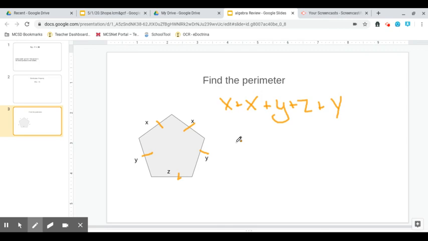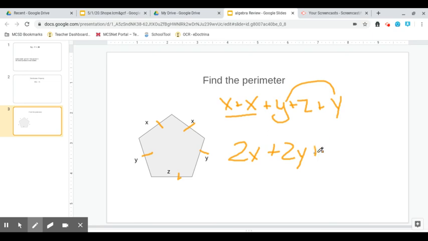Now, we're going to combine what we can combine. Miss Lib reviewed this with you yesterday. Anything with the same letter, you can add. Okay, so we have x and x. So if I have an x plus an x, I know there are two x's, so it's 2x. Plus, I have a y and another y. I have two y's.